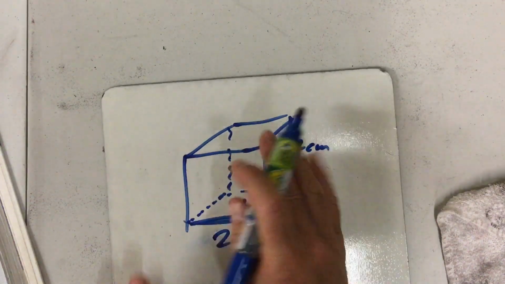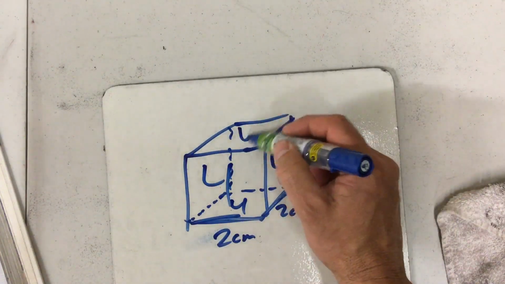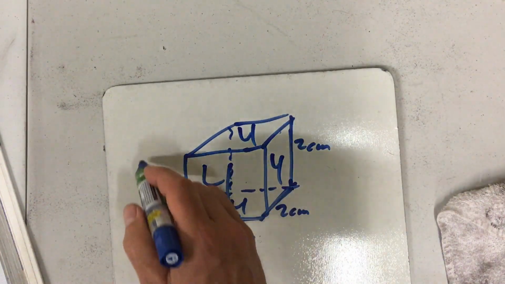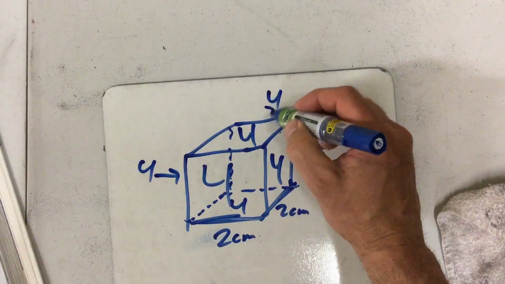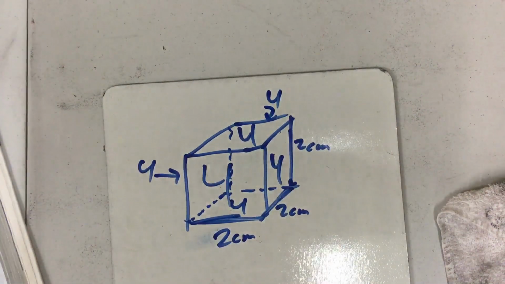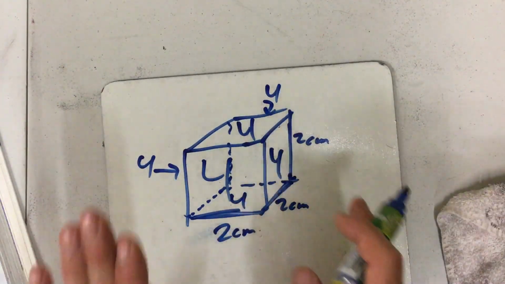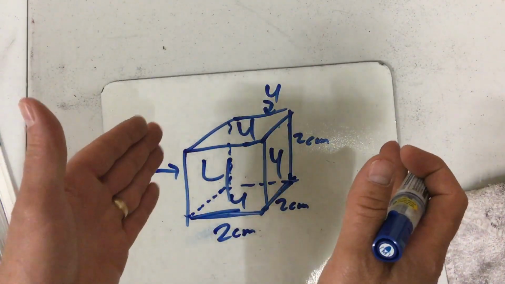And that means this front face would be 4. This face would be 4. This face would be 4. This backside face would be 4. The backside over there would be 4. Okay? 4, 4, 4, 4, 4. And there are 6 faces, a front and a back, a top and a bottom, and a side, right?